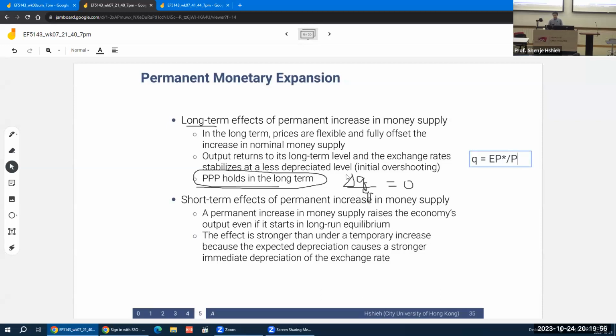But with Q not changing, that also means no change in Y. If Q didn't change, then no output effect. And so the final equilibrium point in a permanent monetary expansion is just a more depreciated domestic currency and zero output change. Okay, so that's the long-term equilibrium, as you will see.